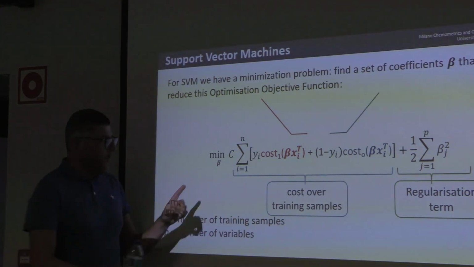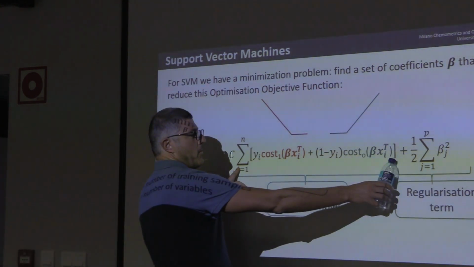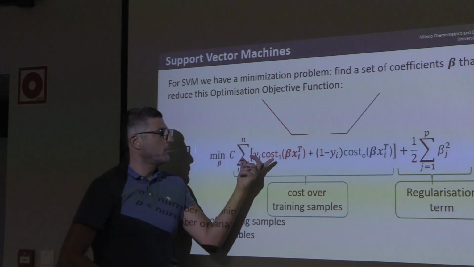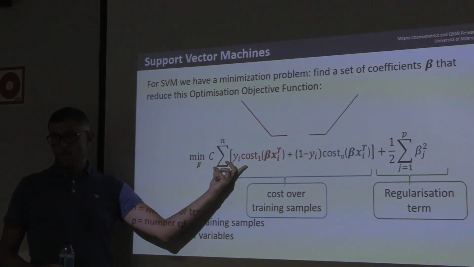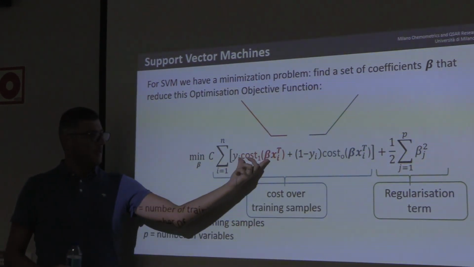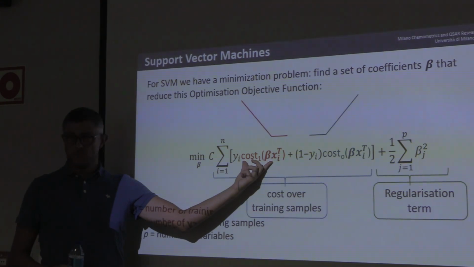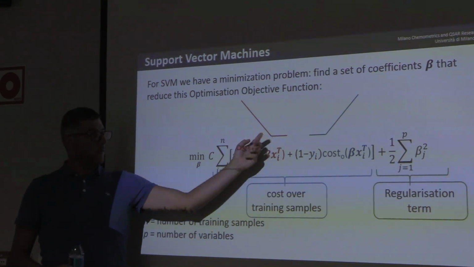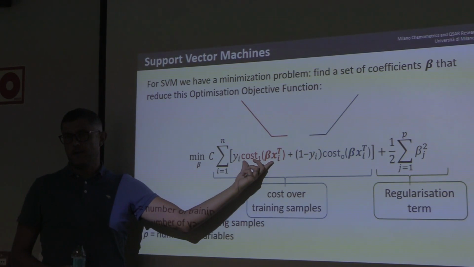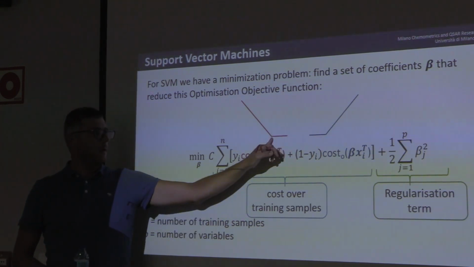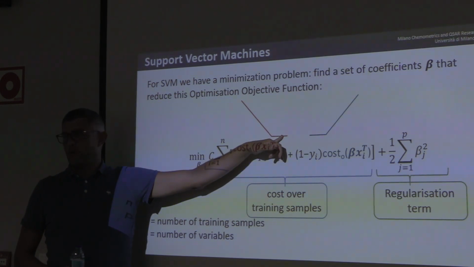Now, look at this first part. This is what we have seen before. This is the cost for the red class, class 1. We want this to be as low as possible.